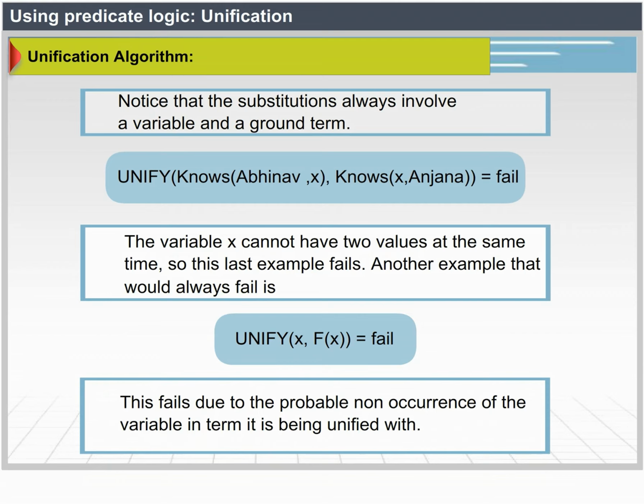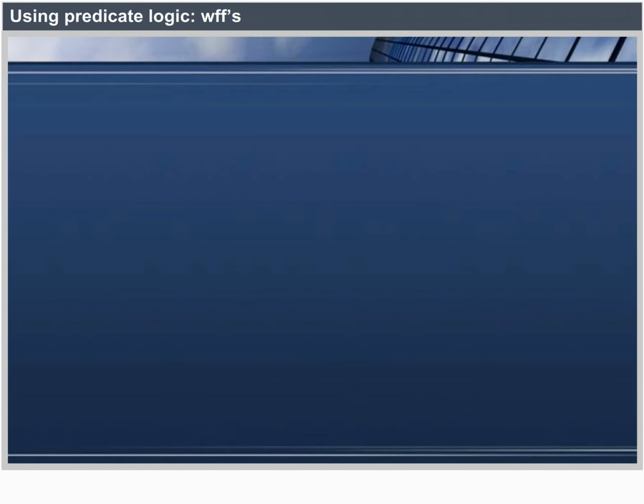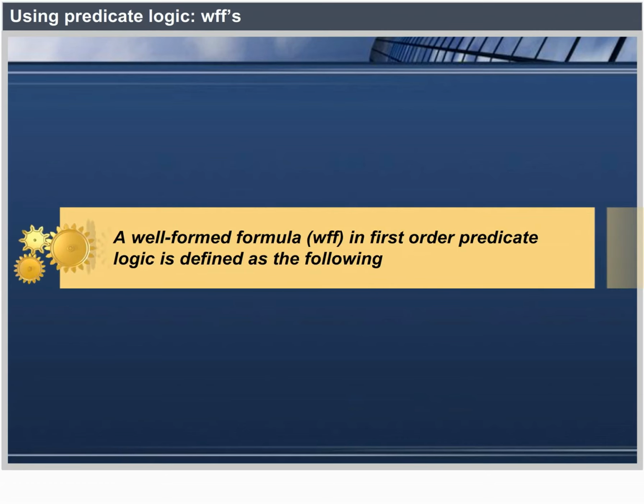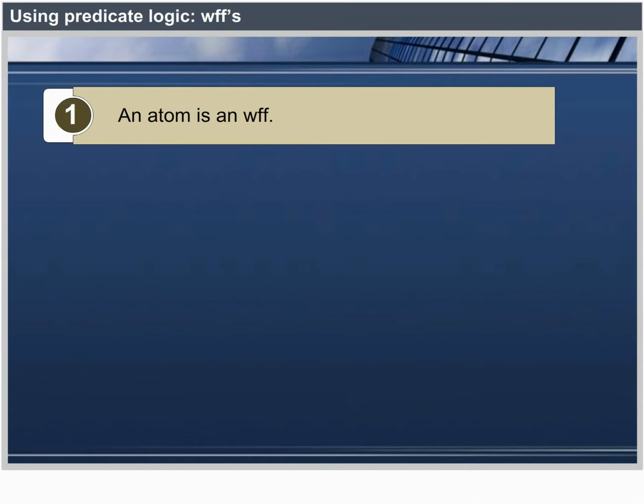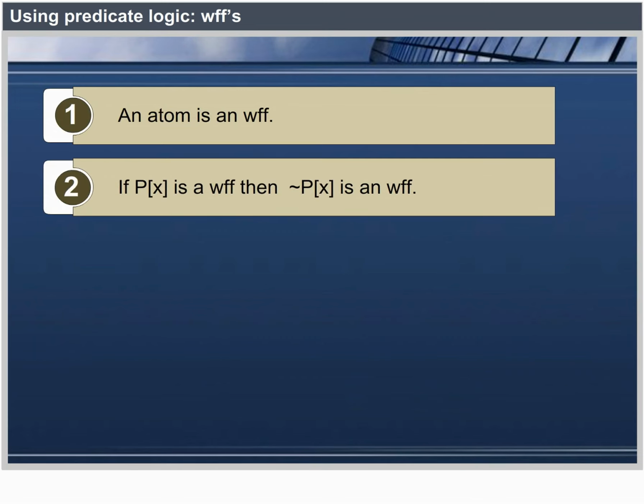Using predicate logic, WFFs. A well-formed formula, WFF, in first-order predicate logic is defined as follows. An atom is a WFF. If P(x) is a WFF, then not P(x) is a WFF.